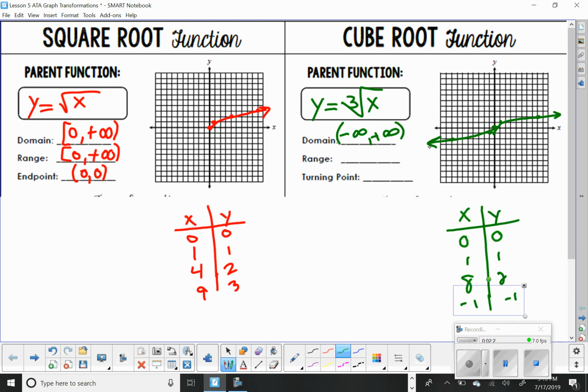The range is going down forever and it's going up forever. Negative infinity to positive infinity. The turning point, that's the center point here, that's 0, 0. That's the point when we go left, right, up, down. That's the one that we move. And then we do our parent pattern from that.